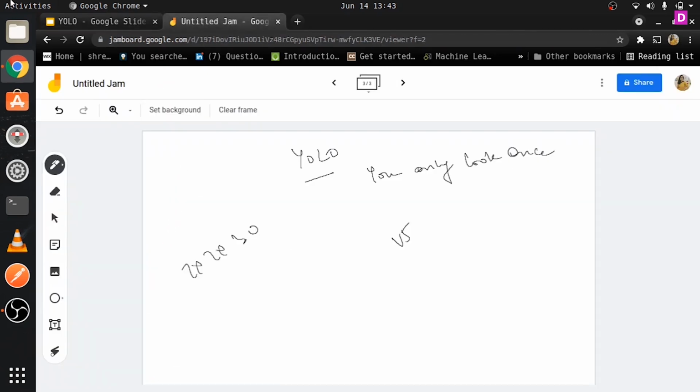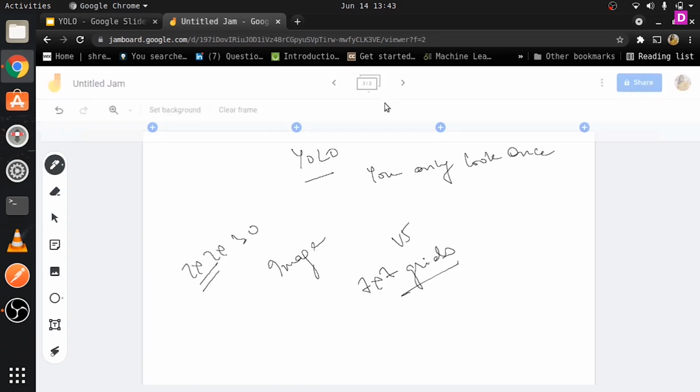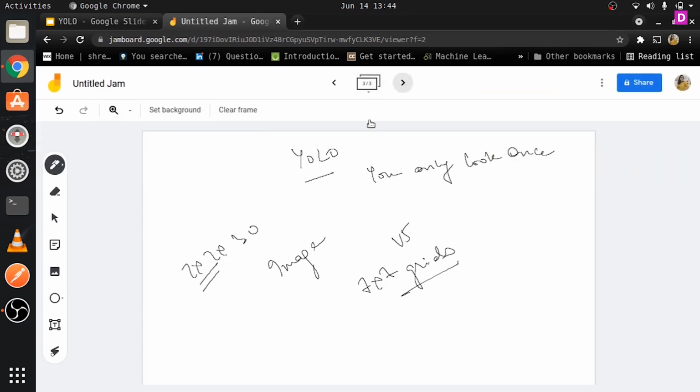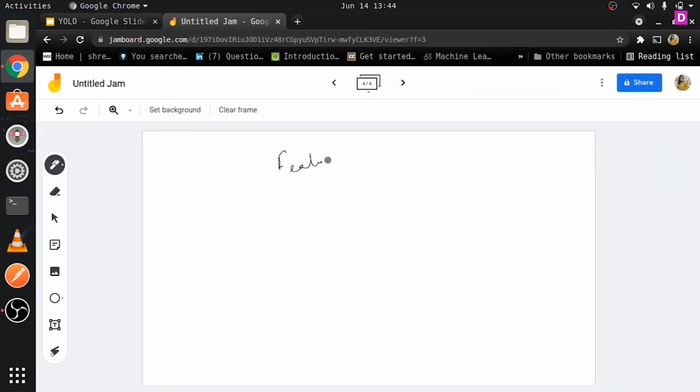What this represents is that your image is divided into 7 cross 7 grids. When we talked about feature maps, we talked about 8 cross 8 feature maps, which were used in SSD to detect smaller objects like a cat in the image.